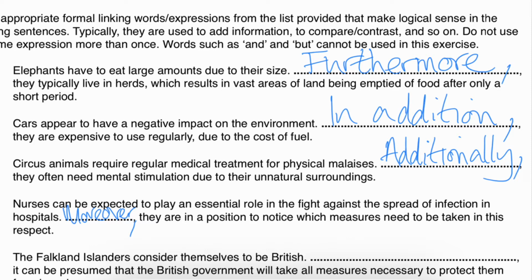One point I want to make about linking words which add information is that if you're writing a body paragraph and you've just finished with a couple of sentences about one piece of support, one of your supporting arguments for your topic sentence, and you're about to move on to the next piece of support out of the 2 or 3 supporting arguments that you have in total, it isn't really suitable to just use a standard linking expression to add information as your way of transitioning from one supporting argument to the next.